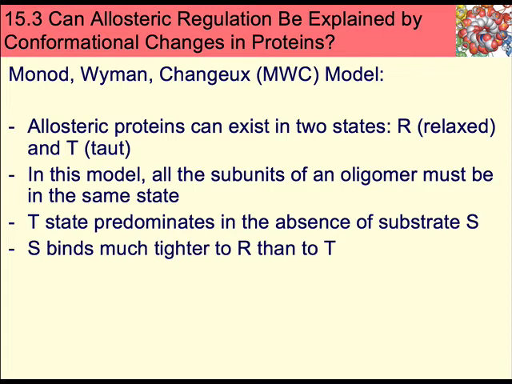And it's important because it imagined that allosteric proteins can exist in two states: the R state, which is colloquially called the relaxed state, and T, the taut state.